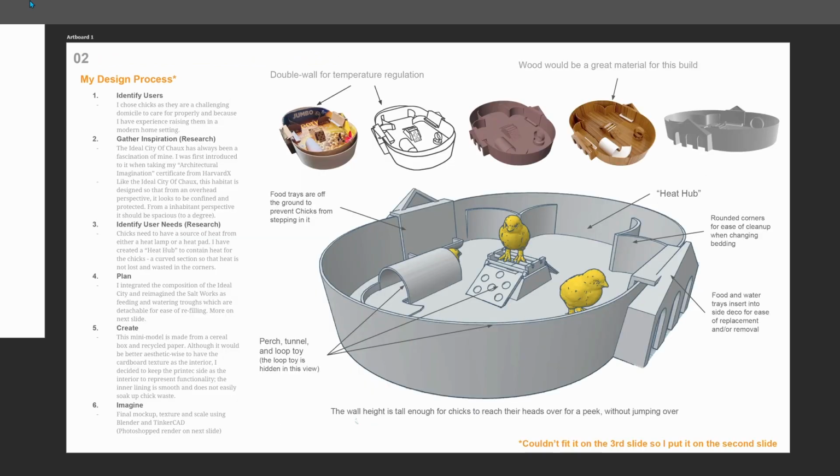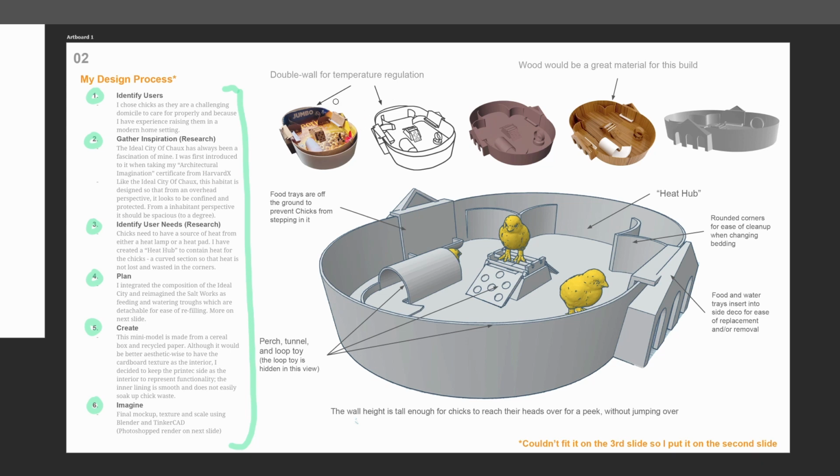So on the second page here, I listed out my steps, so my design process. And so I went with first identifying the user, gathering inspiration, identify user needs, plan, create, and imagine beyond. So you can pause the video and read all of this to understand if you want to gain more insight into this project. However, I'm going to move on now.